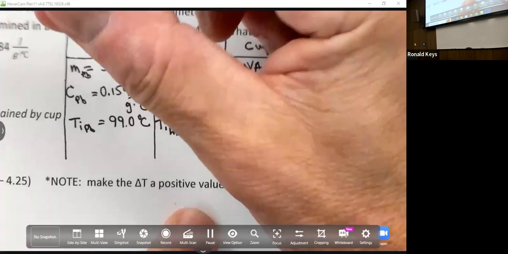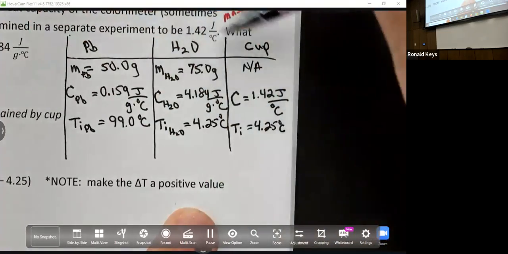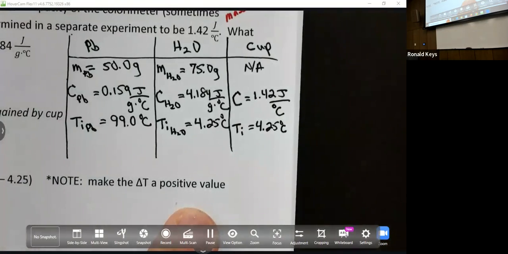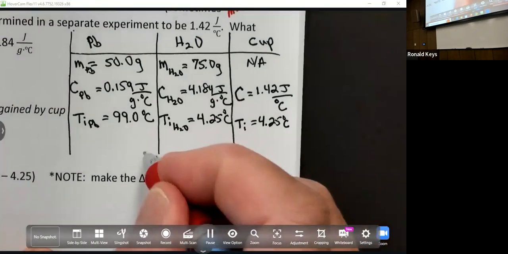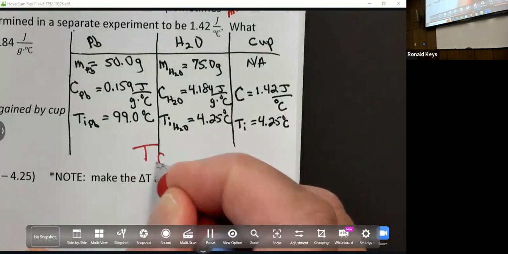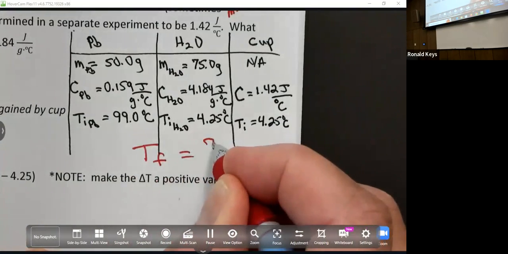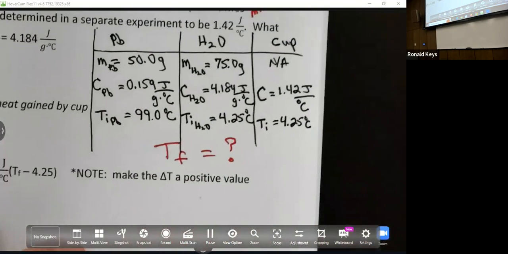Determine what is the final temperature of the mixture. We're looking for T final.